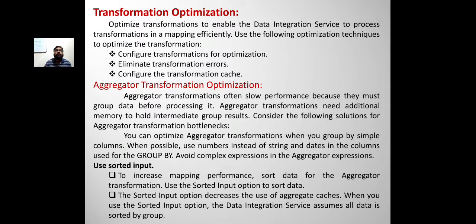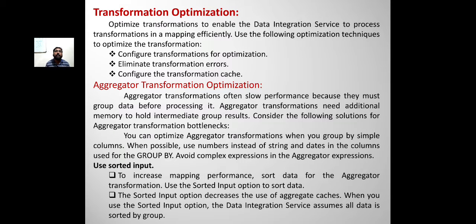Aggregator transformation optimization. Aggregator transformations often slow performance because they must group data before processing it. Aggregator transformations need additional memory to hold intermediate group results. Consider the following solutions for the aggregator transformation bottleneck.